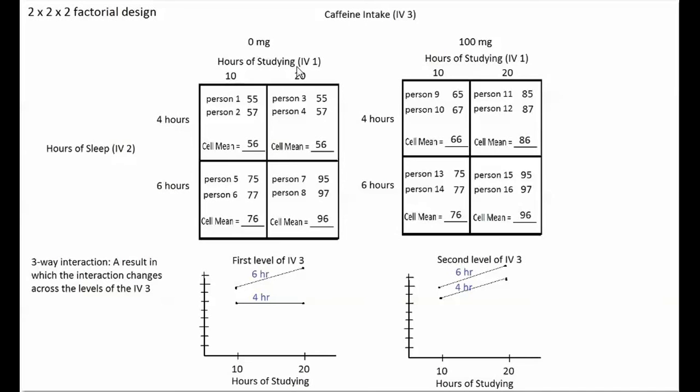The main effect of IV1 would be the difference between the mean of all 8 people who were assigned to the first level of IV1 and the mean of all 8 people who were assigned to the second level of IV1. In other words, the main effect of IV1, of hours of studying, would be the difference between the mean of all 8 people who were assigned to 10 hours of studying and the mean of all 8 people who were assigned to 20 hours of studying.